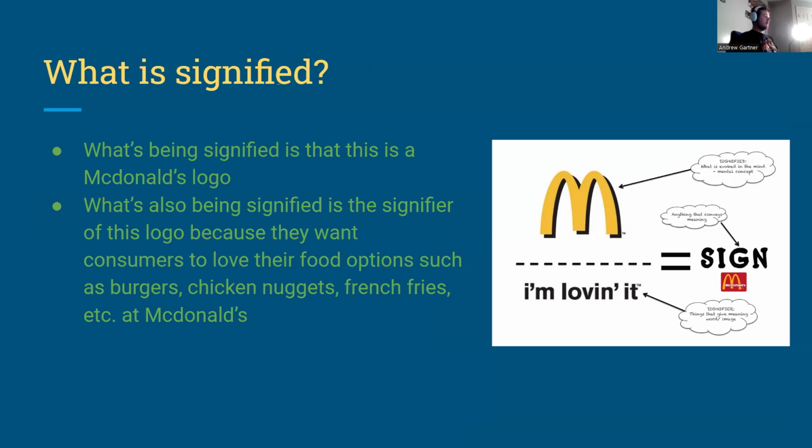And the sub logo below it basically means that those are for the customers who love McDonald's, who love their food options. So it's encouraging other people to get McDonald's.